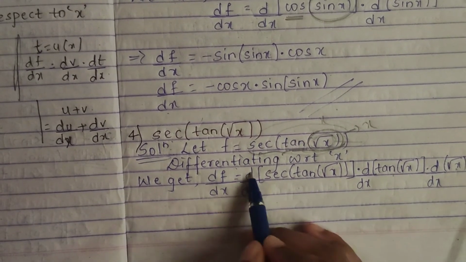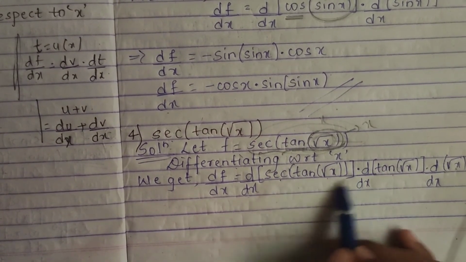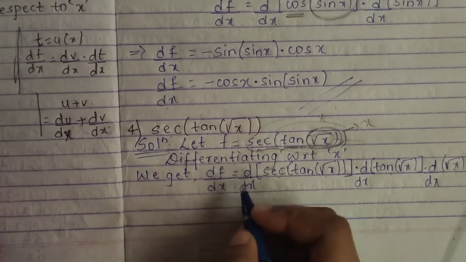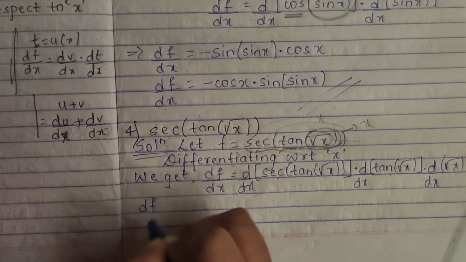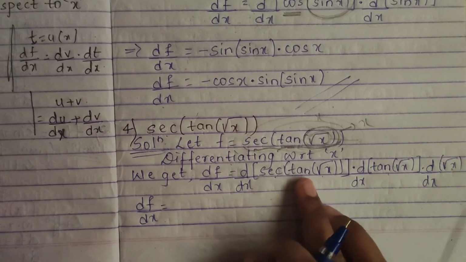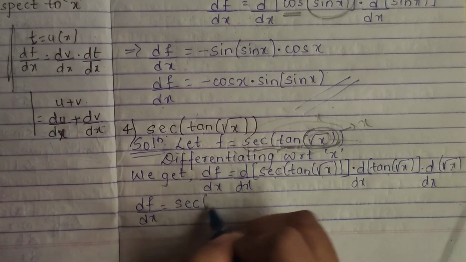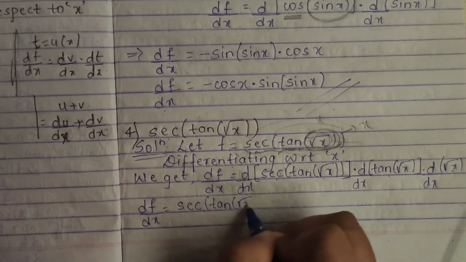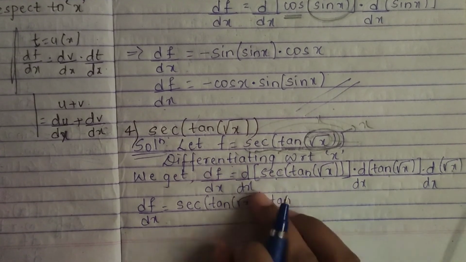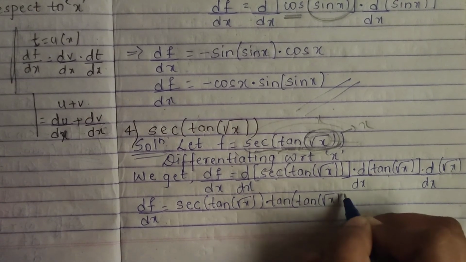Now you see, differentiation of sec x is sec x into tan x. You have to consider this whole term as x. So df by dx: differentiation of sec x is sec x into tan x. So it becomes sec of tan of root x into tan x, where this x is tan of root x.